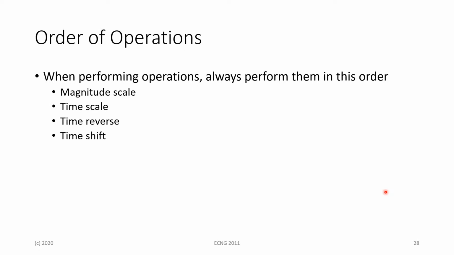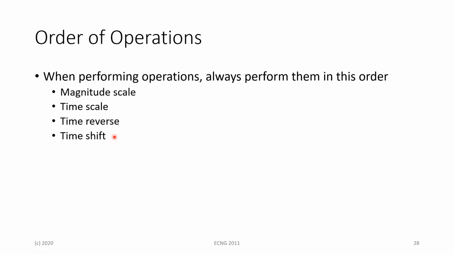So when you're actually performing the order of operations, always perform this order as listed here. Always start with the magnitude scale first, then time scale, and if applicable, time reverse, and then the final operation will always be time shift.